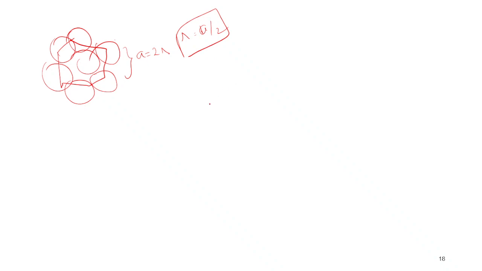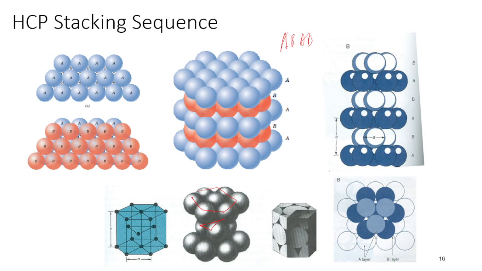Next, let's talk about the number of atoms. Actually, let's take a look at the HCP structure again. If we look at this, how many atoms are there? We will consider this whole thing as a unit cell.